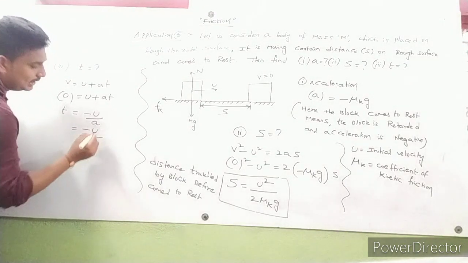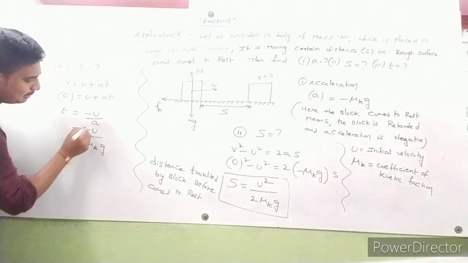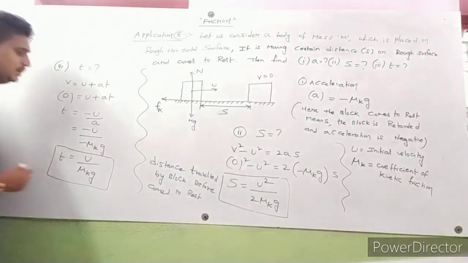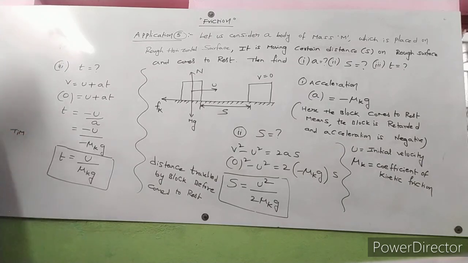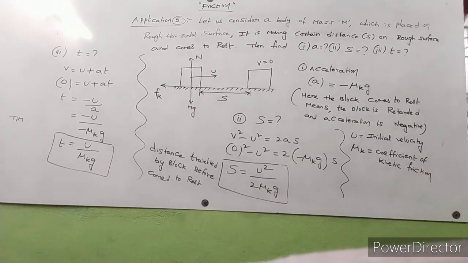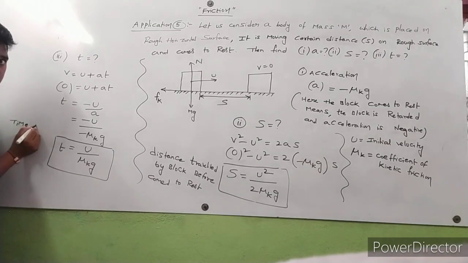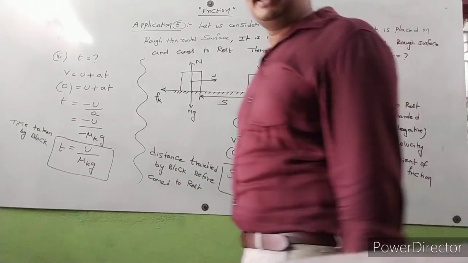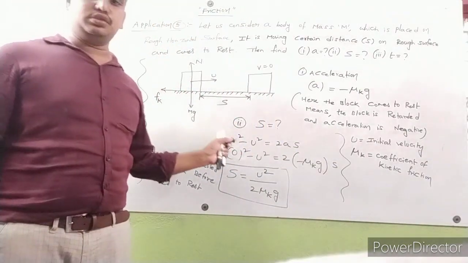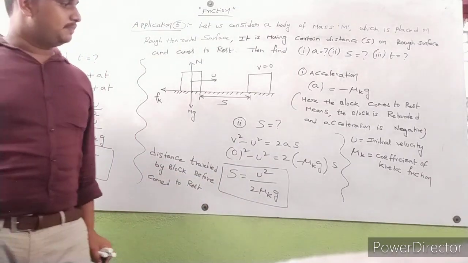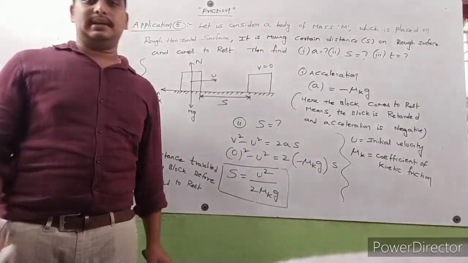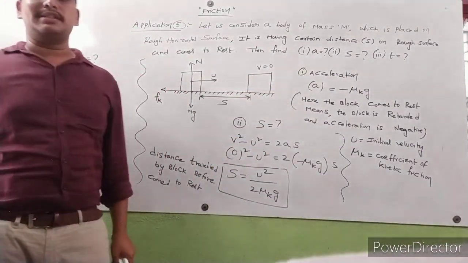Here a is minus mu_k g, so the minus signs cancel, and finally we get t equal to u by mu_k g, the time taken by the block. And the distance traveled by the block before it comes to rest is S equal to u squared by 2 mu_k g. Since the block finally comes to rest, the acceleration is negative, that is retardation: a equals minus mu_k g.